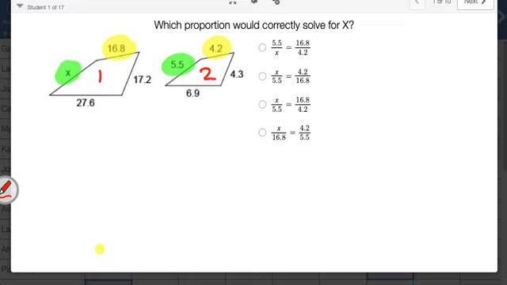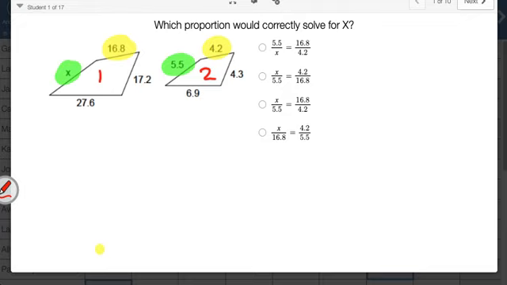Okay, so if we're looking at option number 1 here, we have 5.5 over x. That's good. Okay, now think about 5.5. It comes from what I would say shape 2. 5.5 to x, then the second one says 16.8 to 4.2. So let's look at that again.